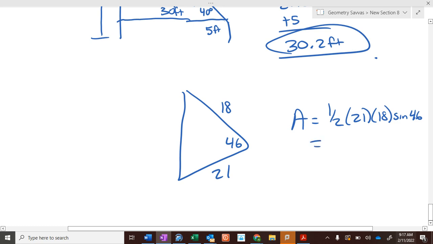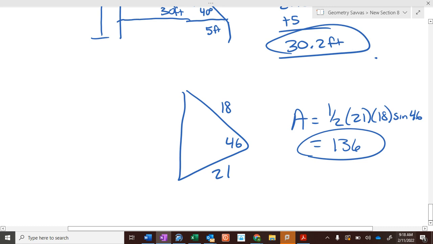So, simply on your calculator, what would it be? Approximately 136.